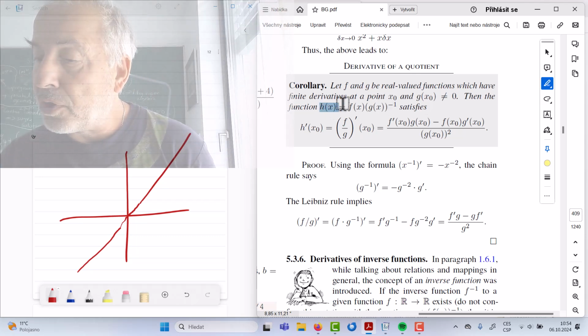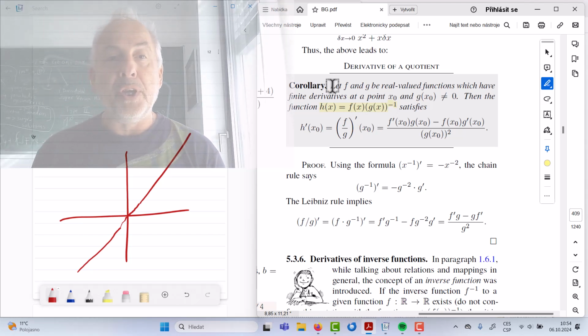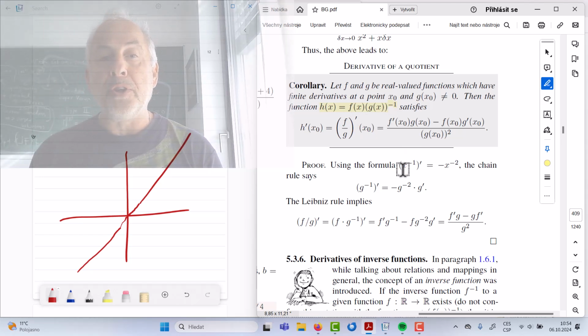So this is what we compute. So it's actually a product, and so if we learn how to differentiate x to minus 1, so this kind of power function, then we immediately can use the rule for computing derivative of products, and we get exactly what's here, right?